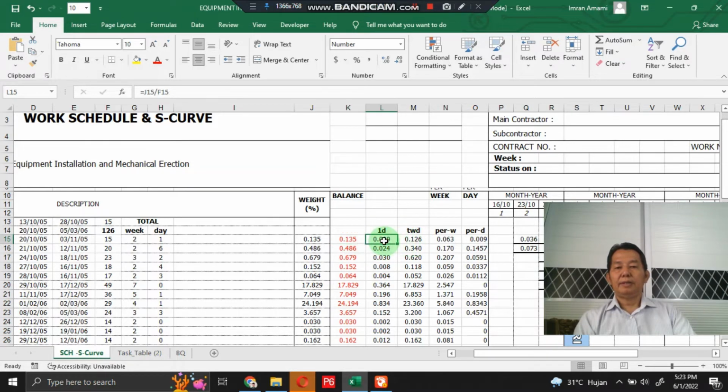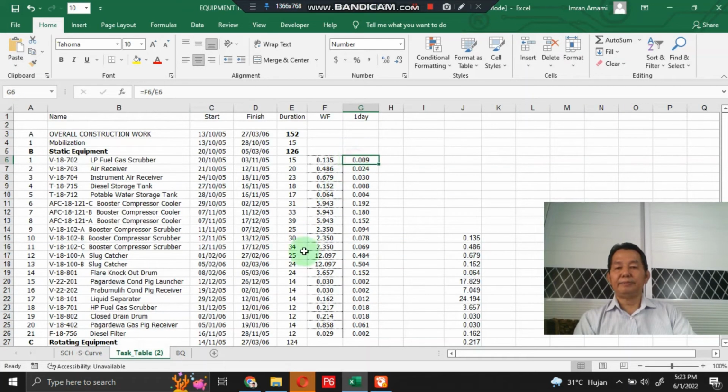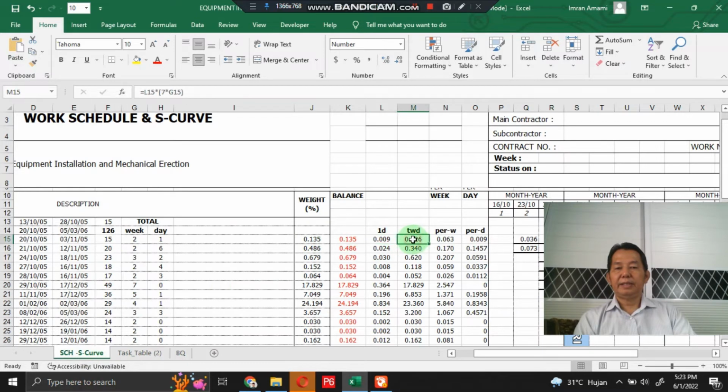And then this is the weight factors for one working day, as explained already in the task table here. Then in the cell is the number of weight factor on a weekly basis.